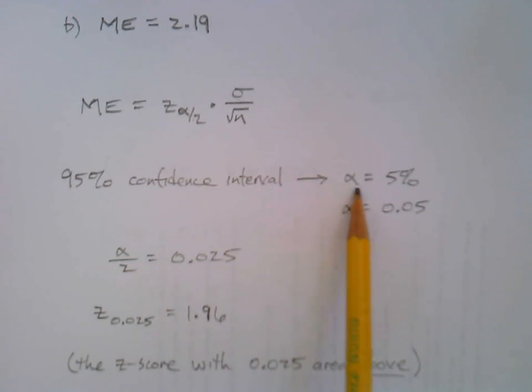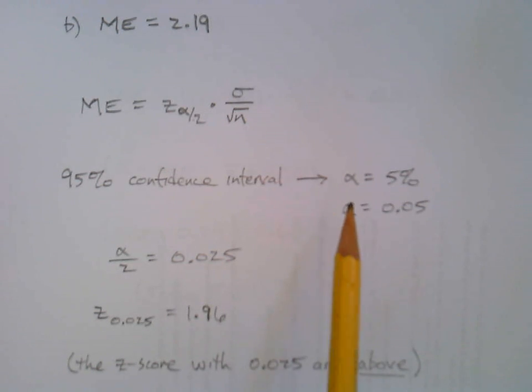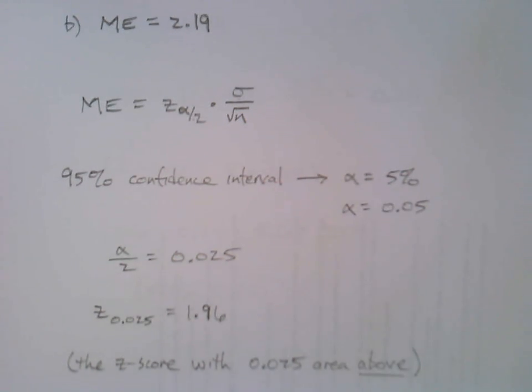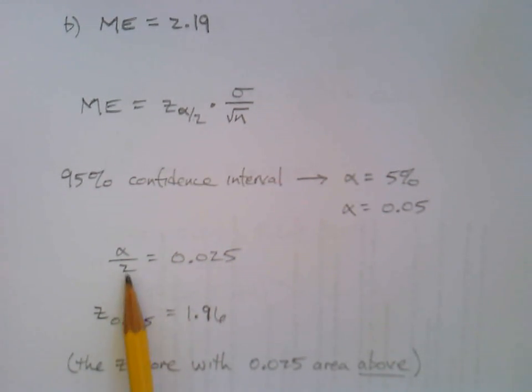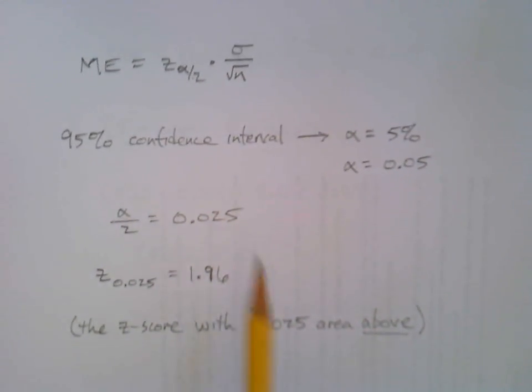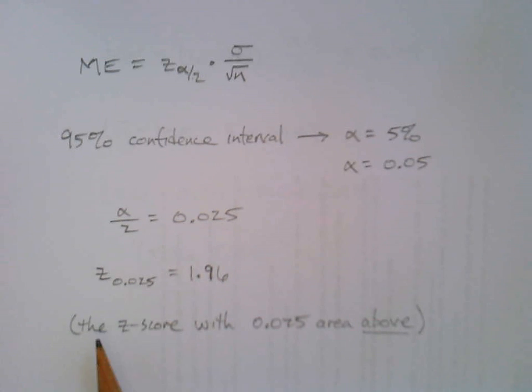The alpha is the part that's left over, like the complement. So it's that leftover 5%, or we might call it 0.05. If we were to divide that in 2, it would be 0.025, right, for the 95% confidence interval. So if we were to take that number and put it in the subscript, it'd be z sub 0.025.